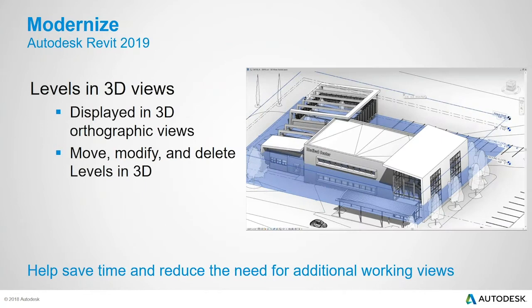Next, we're going to take a quick look at the new improvements in levels in 3D views. We're able to view 3D orthographic views, as well as modify, delete, and adjust.